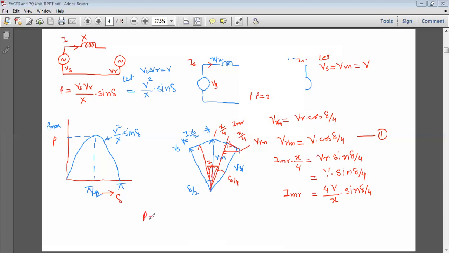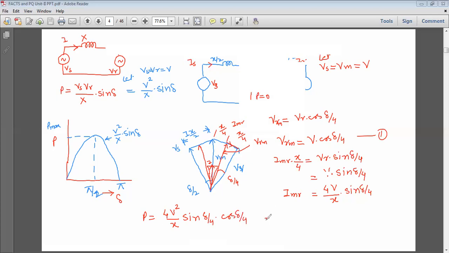P is equal to the multiplication of voltage and current, V_MR and I_MR. So it is V and V, so it is 4V square upon X into sine delta by 4 into cos of delta by 4.